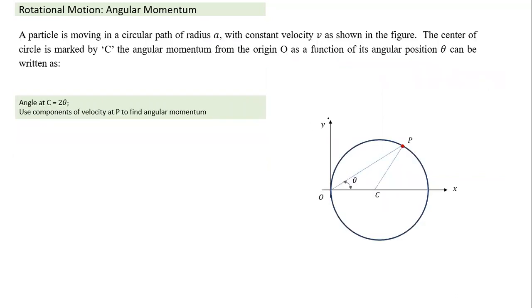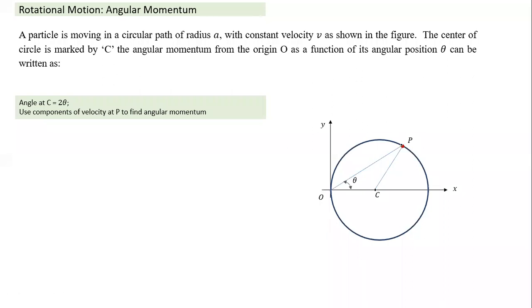They're simple enough. Let's take a particle moving in a circular path of radius a. This is the center, radius is a, and this is the path it is moving. This is a particle P which is undergoing circular motion with a constant velocity of magnitude v. Constant velocity may not be the right term, but whenever we use the velocity term in this course, it implies we are talking about the magnitude of velocity.